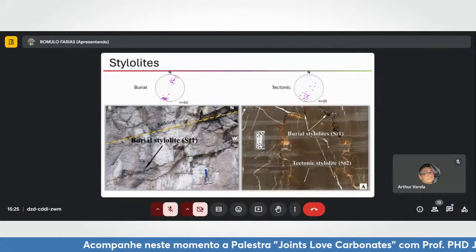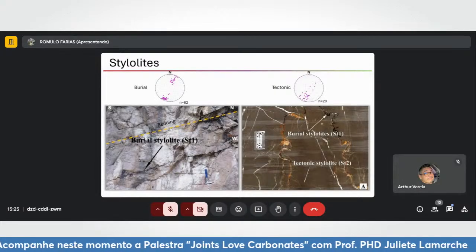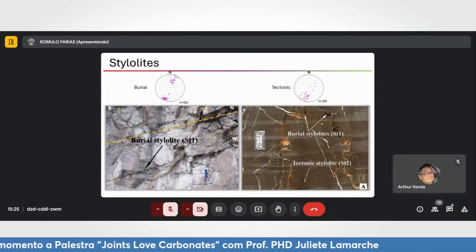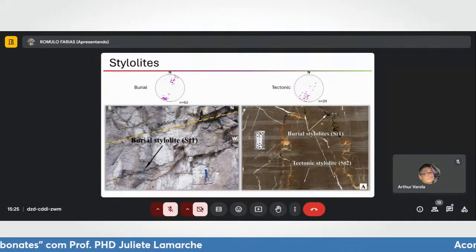That's not the end. Burial stylolites, like here, and also tectonic stylolites. So here you see tectonic stylolites on thin sections, on cores also.